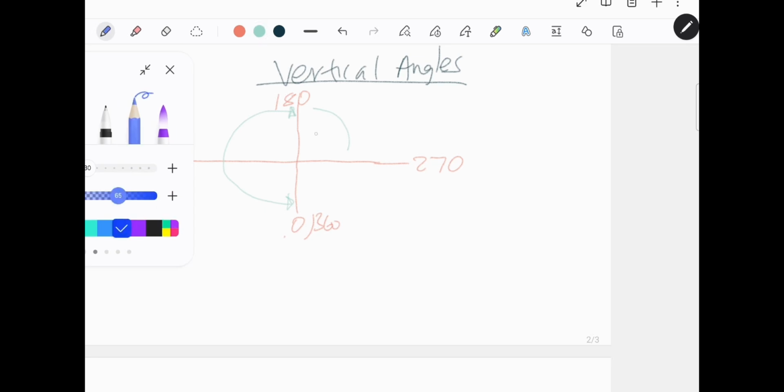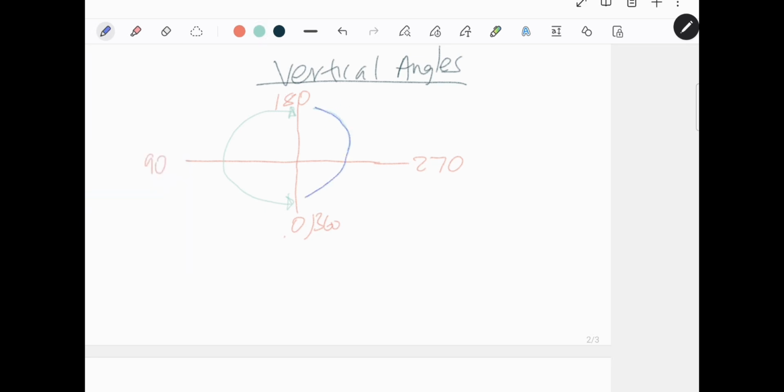Any angle that falls on this side, from 0 up until 179, then the 180 is on the x-axis.